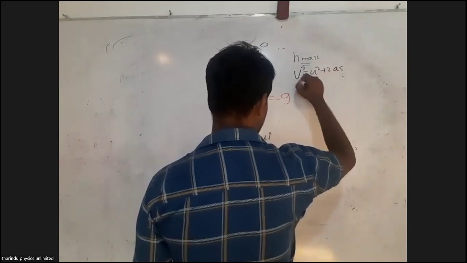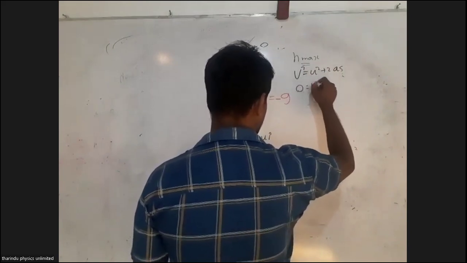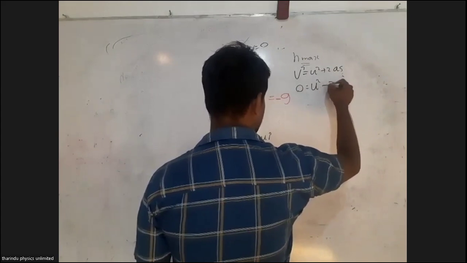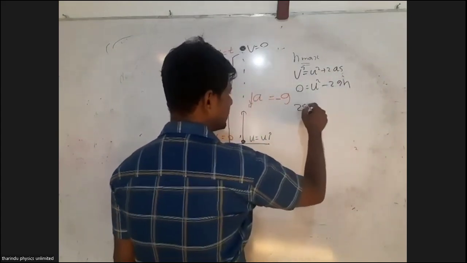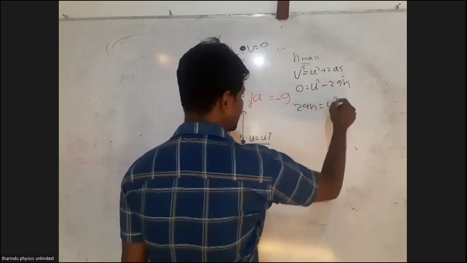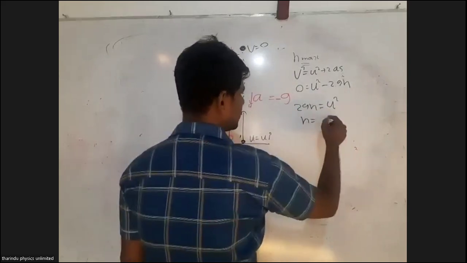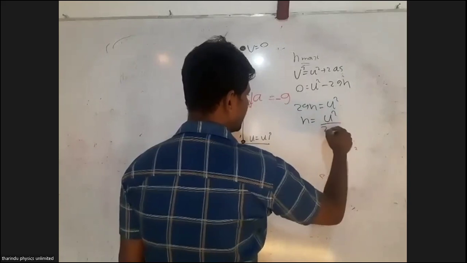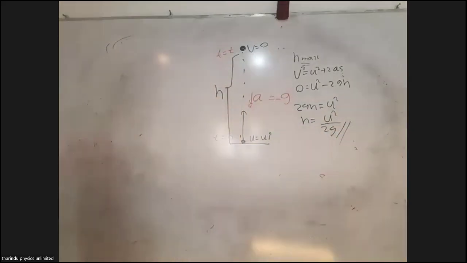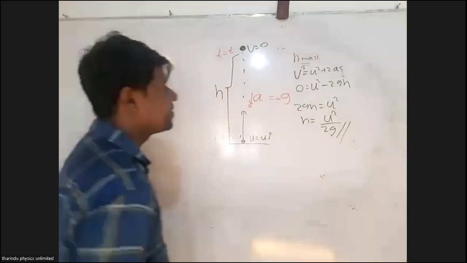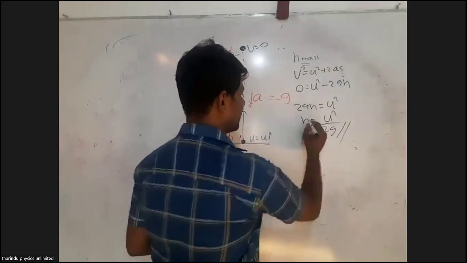U is something, here it is V. U squared minus 2GH, so 2GH equals U squared. H equals U squared over 2G. Copy this. This is H max, the maximum height.